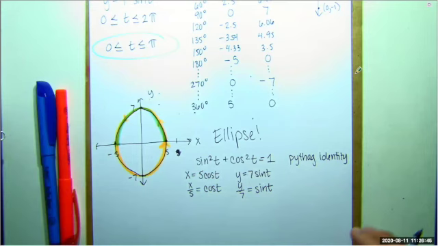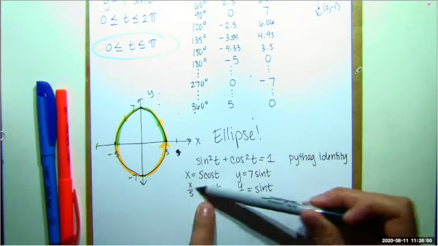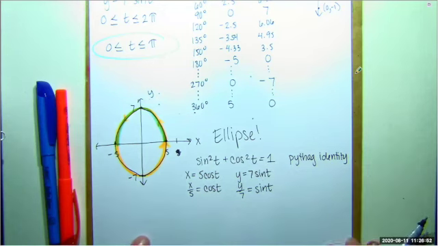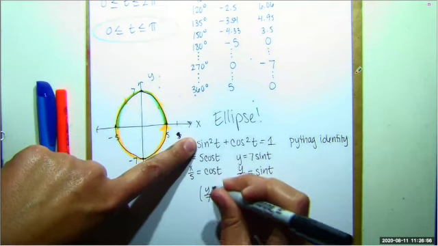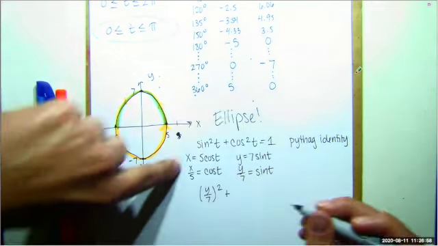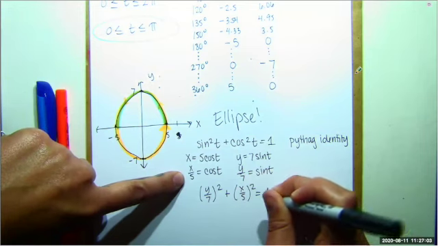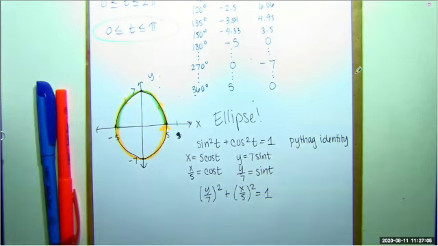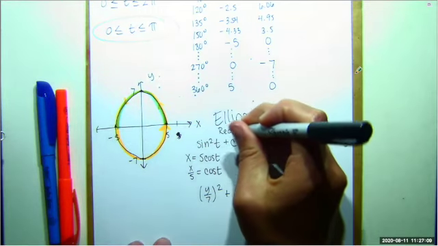Okay, what I'm going to do is plug y over 7 in for sine of t here, and plug x over 5 in for cosine of t here. So sine of t is y over 7. So I have y over 7 squared plus cosine of t is x over 5. So x over 5 squared is equal to 1. Let me label this rectangular equation.